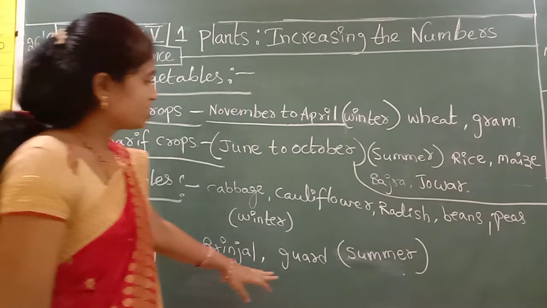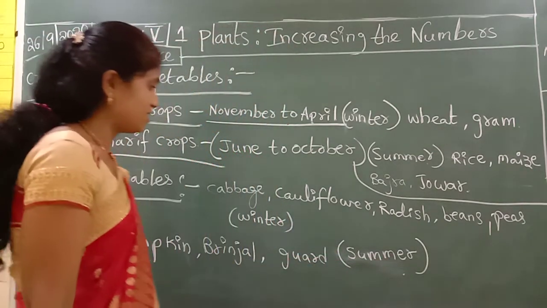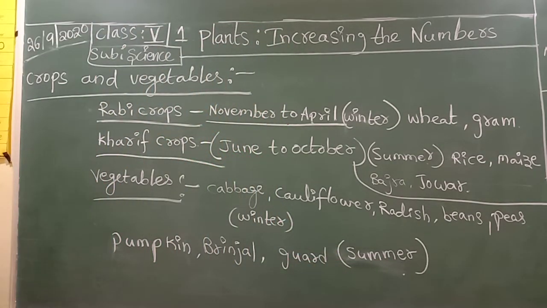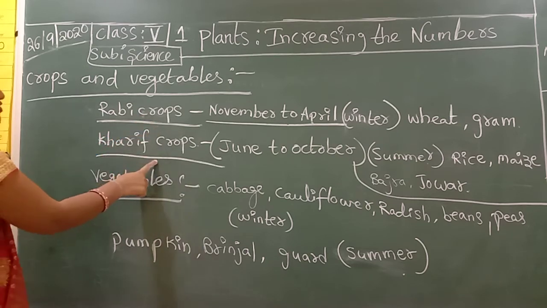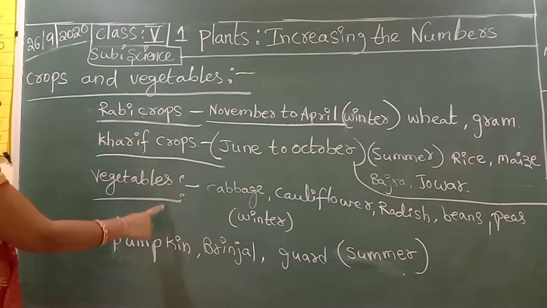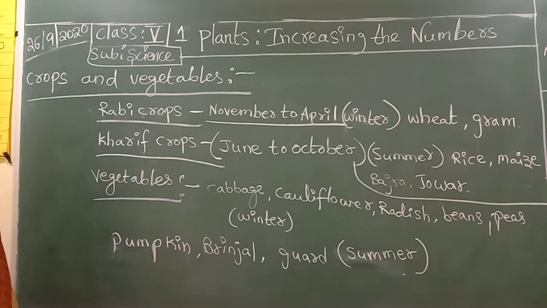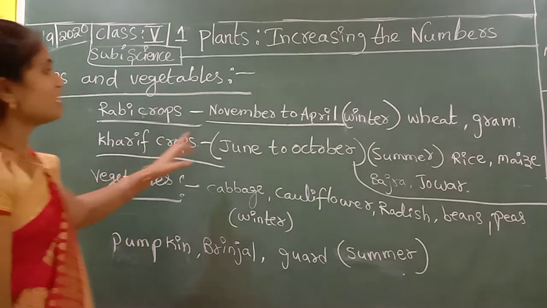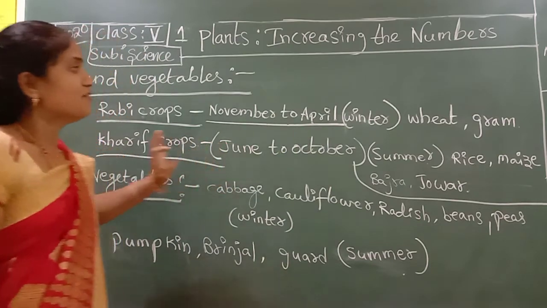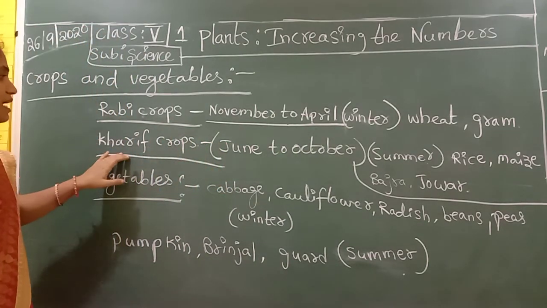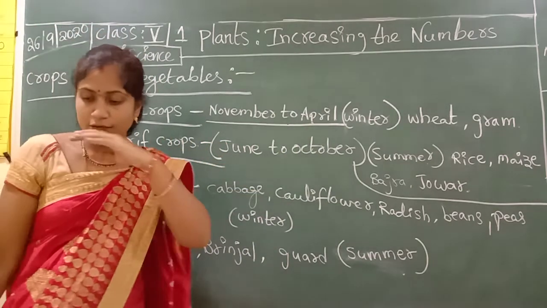Pumpkin, brinjal, gourd we get in summer season. Rabi crops, kharif crops, and vegetables in summer and winter season. Rabi crops are from November to April, and kharif crops from June to October.